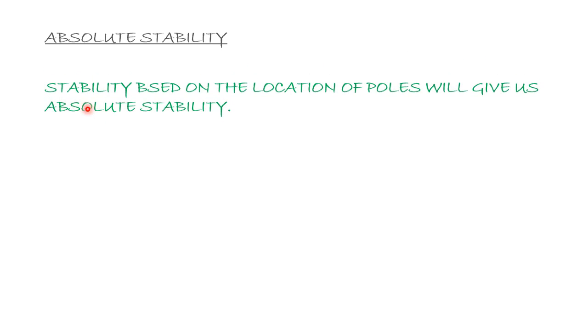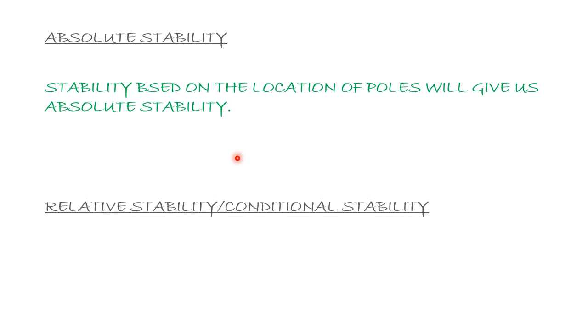Now let's see the definition here. Stability based on the location of poles gives us absolute stability. Now the second is relative stability or conditional stability.